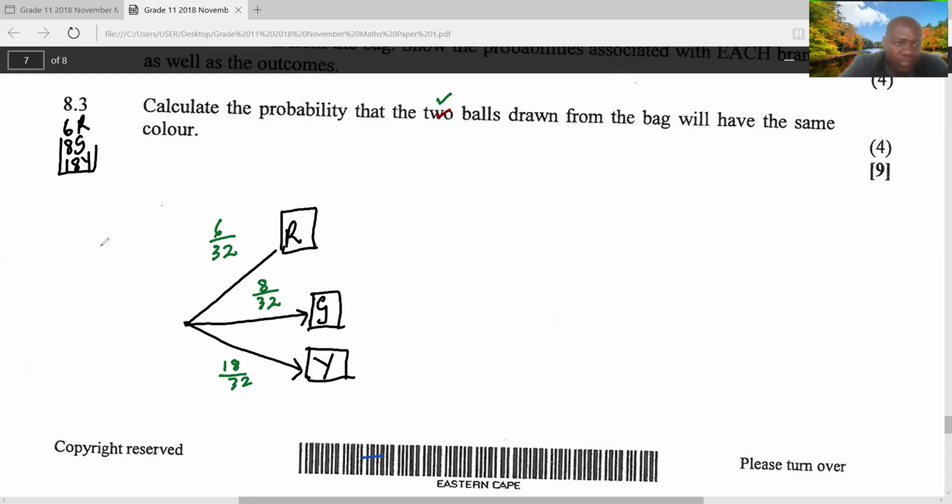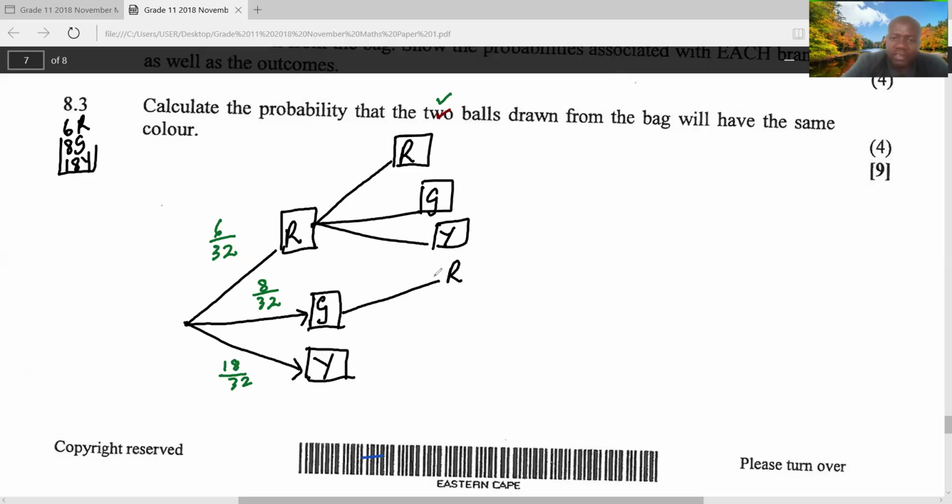For the first time, we might get a red, or green, or yellow. Then if you got green for the first time, we might still get red, or the same green, or yellow.